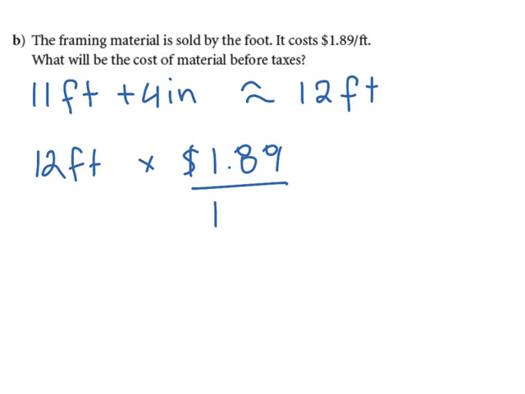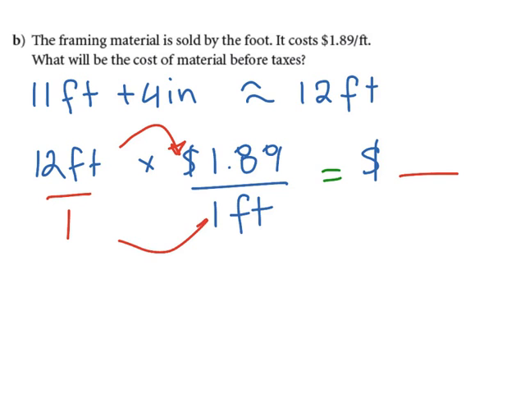Why is this ratio of $1.89 per 1 foot written like so? The reason is that when multiplying fractions, we multiply the numerator with the numerator and the denominator with the denominator. That means the top of the top and the bottom of the bottom. That means feet will cancel. So when we multiply, we're going to multiply 12 by 1.89. So we're going to get more than $12. We have to pay more than $12. It is $22.89.